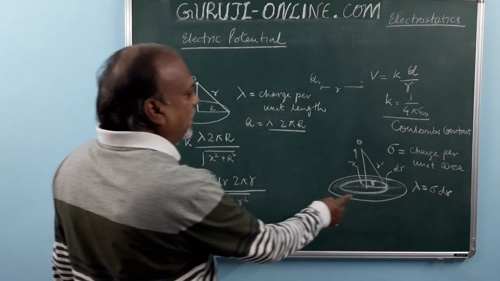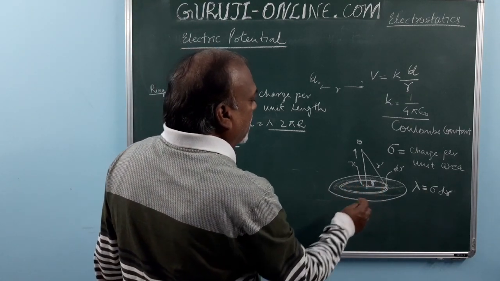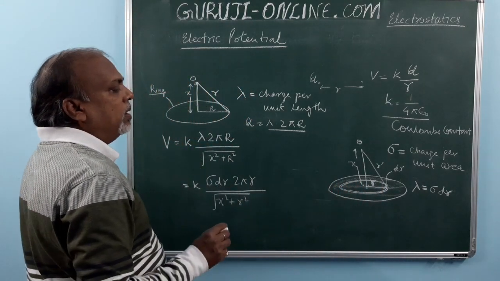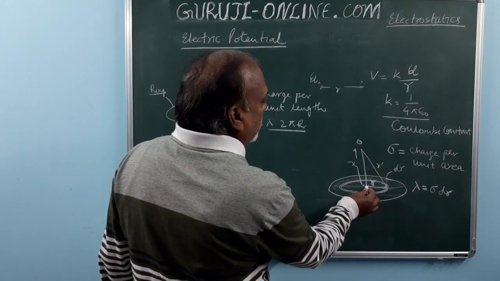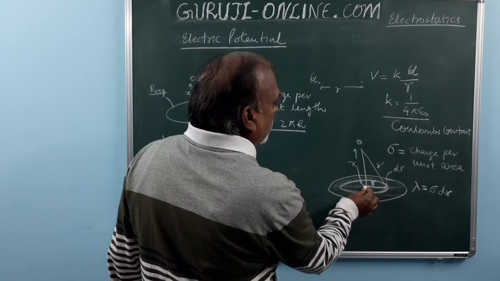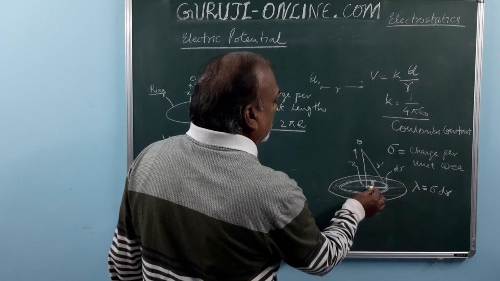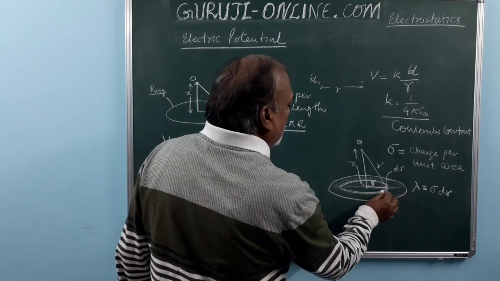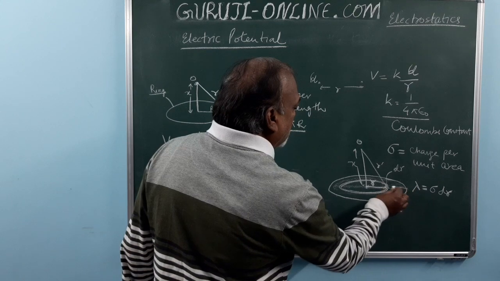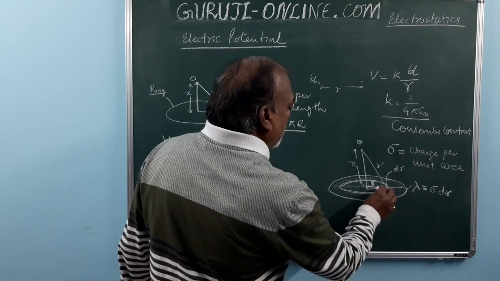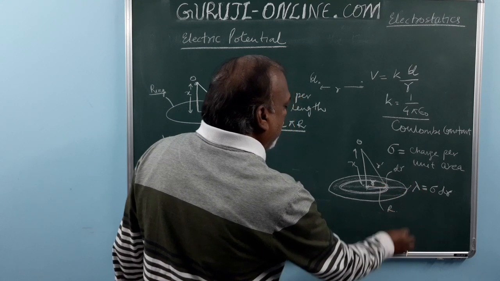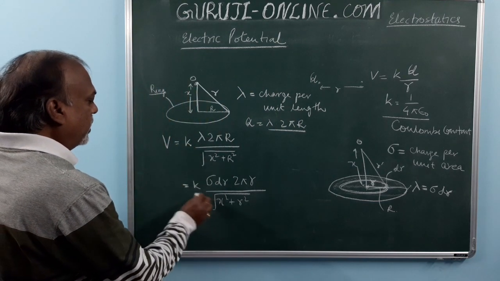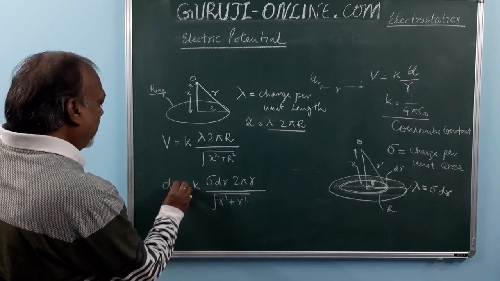It is basically due to a portion of ring, but we want to find out the potential due to the disk. So we have to integrate this from 0 to r. This will be dV.